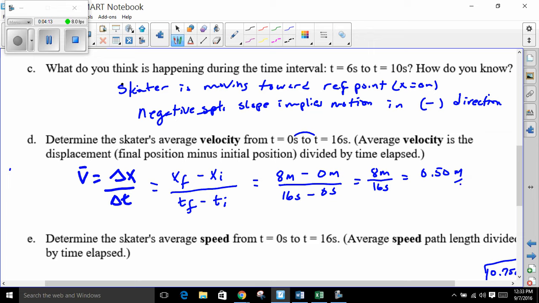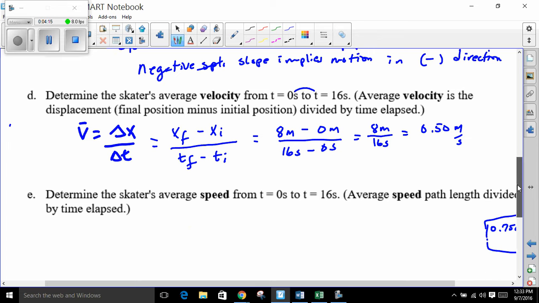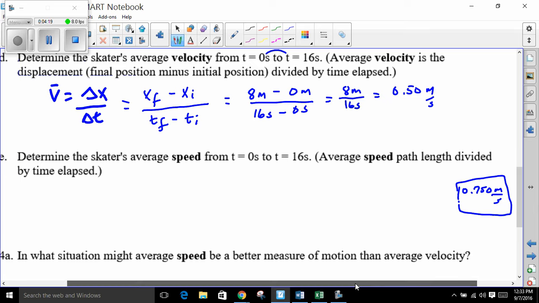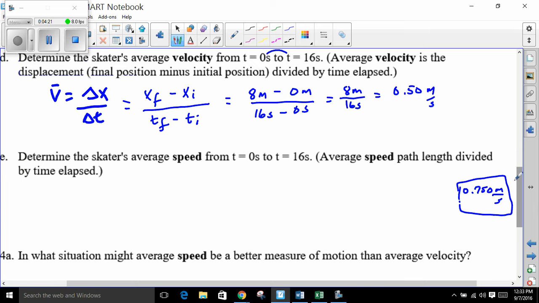To determine the skater's average speed from 0 to 16 seconds, we have to look at the equation that's sort of given to you here. Speed equals path length divided by delta t. The path length, we look at the various path lengths here in the motion.